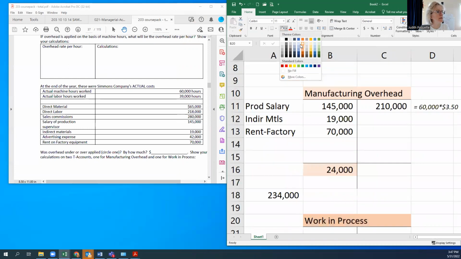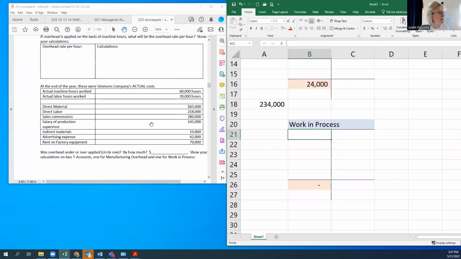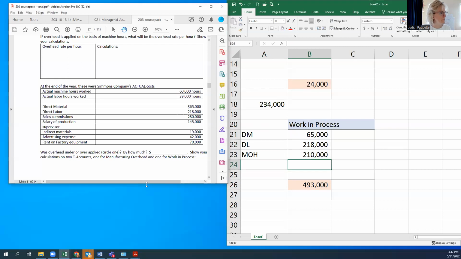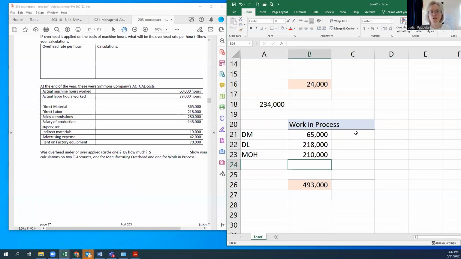Well, don't forget, you've got direct material, direct labor, manufacturing overhead, and now we've got 65,000 in direct material. We've got 218,000 in direct labor, and manufacturing overhead is going to be what we applied. So it's going to be 493,000. So know how to do both pieces of that for chapter 3.